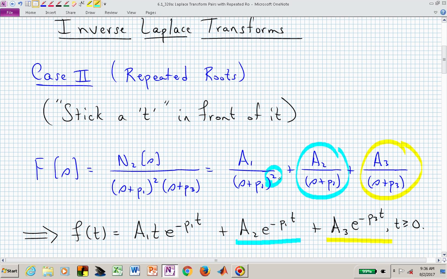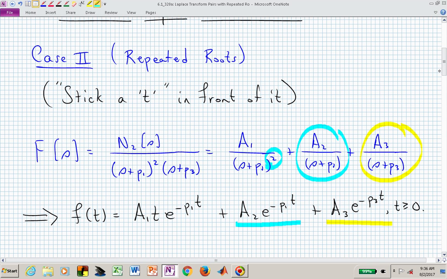But when we have this square or repeated root in the denominator, then we need the time domain expressions associated with those 2 partial fraction expansion terms to be independent, which is now why I'm saying stick a t in front of it. Now we have a sub 1 t e to the minus p1 t.